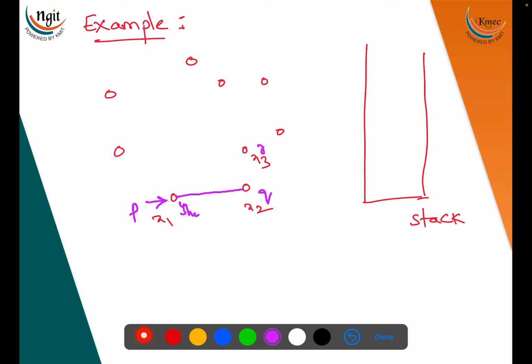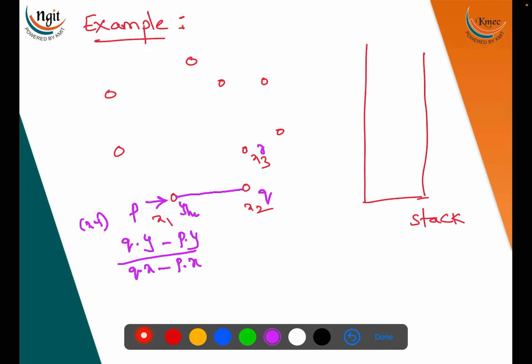That means the slope is Q.y minus P.y by Q.x minus P.x, where x and y correspond to the x, y point.